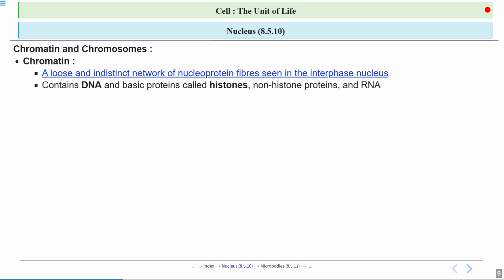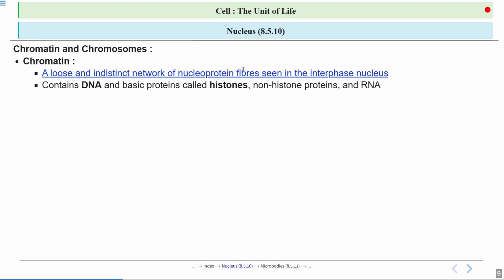They are specifically writing interphase nucleus here because the condensation level of chromatin changes in the other stages: prophase, metaphase, anaphase, telophase. Later on you have chromosomes. So there is condensation and decondensation in various stages, so they are specifically talking about the interphase nucleus.